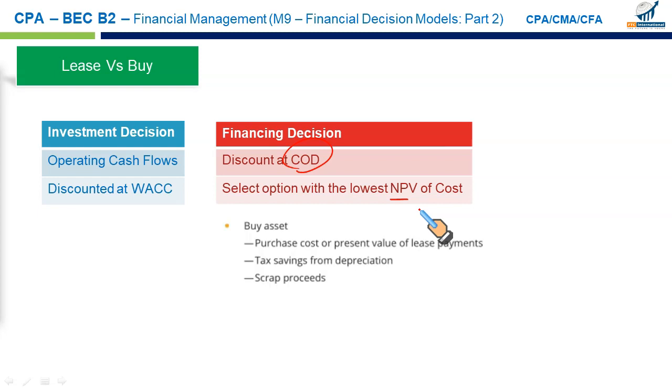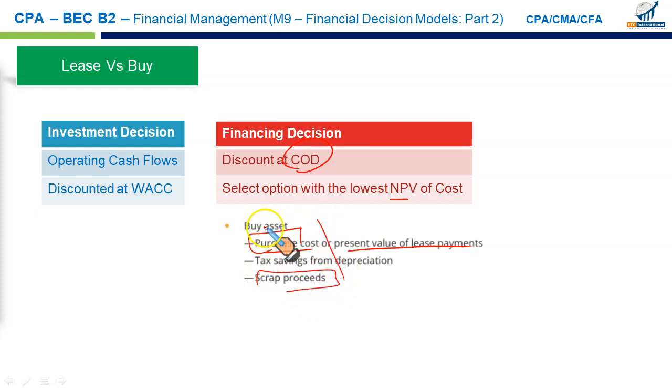There are some important points to be noted here. When you borrow the money and purchase the asset with the borrowed funds, you should take the purchase cost and calculate the present value of tax savings from depreciation, and the scrap proceeds also have to be taken in this part.